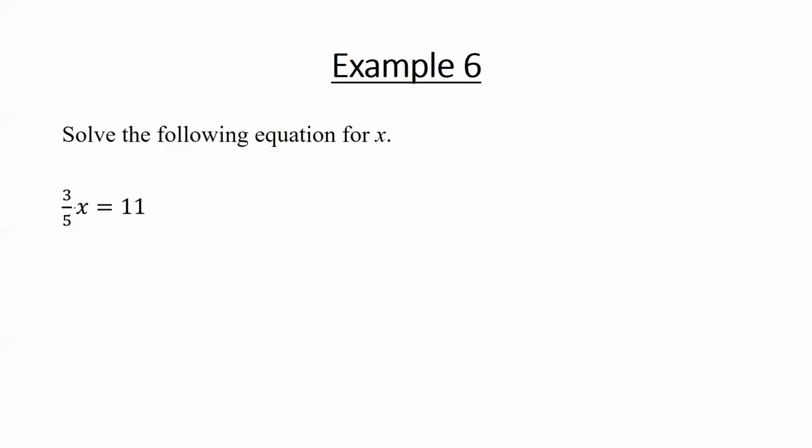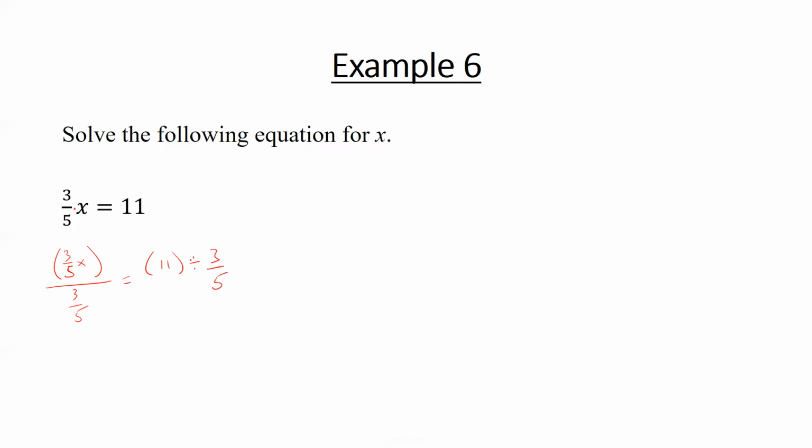Since x is being multiplied by 3/5, the way we undo is we divide by 3/5. So 3/5 x divided by 3/5 equals 11 divided by 3/5.